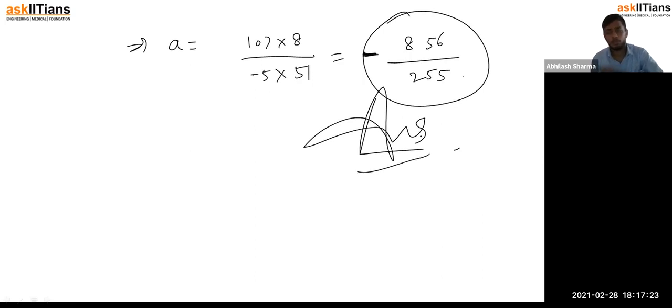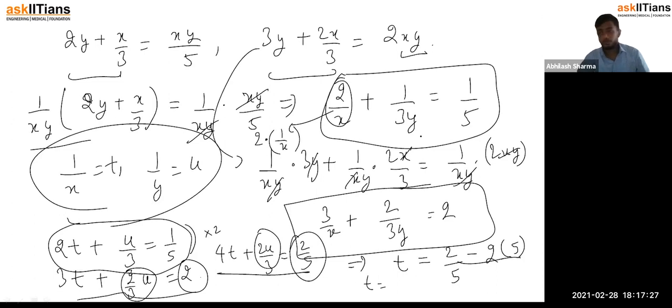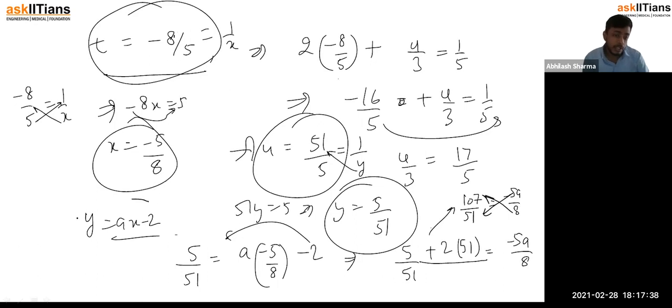Okay, what a brilliant question. First we had to think about reducing it to a linear pair of equations, find the value of t and u, then find the value of x and y, then also the question is not solved, then we have to find a using this equation. Such a brilliant question.